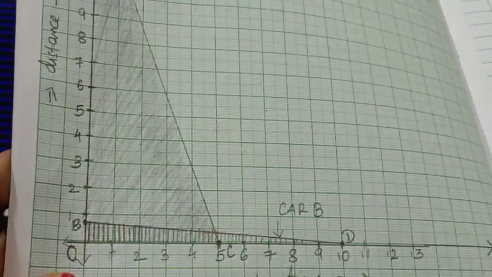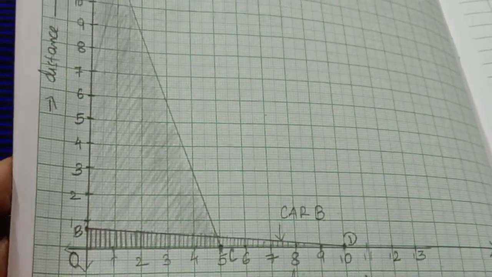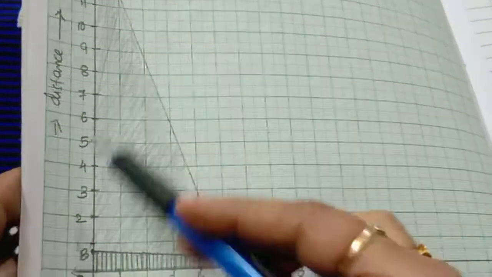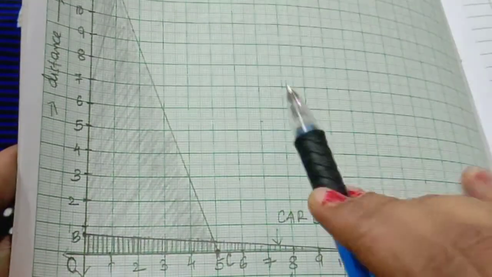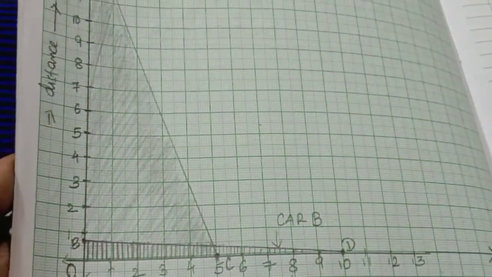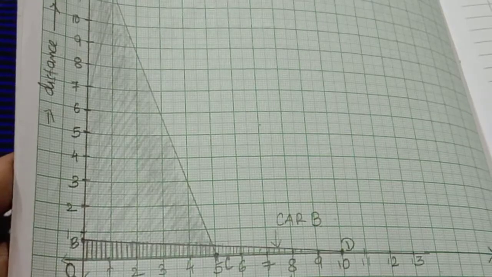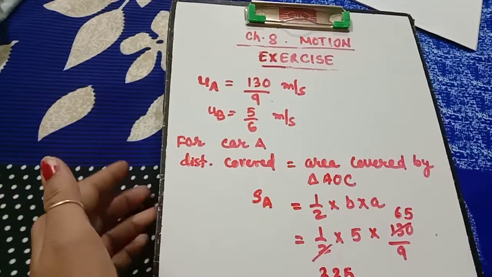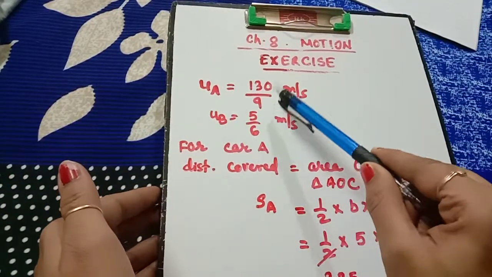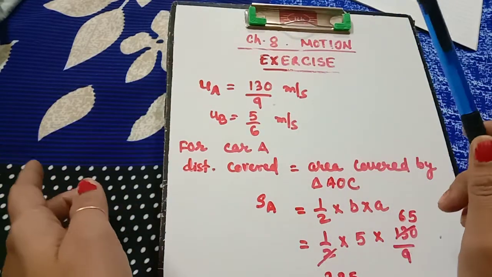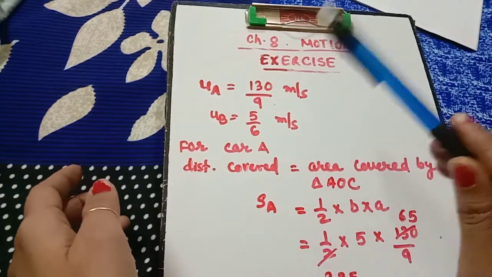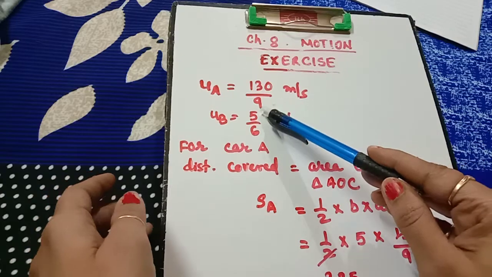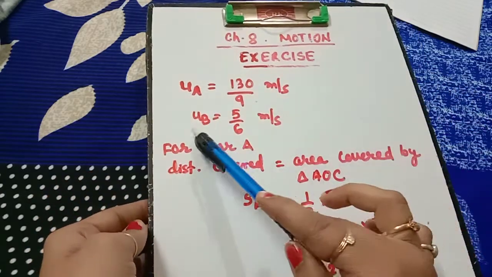Now we have to find out the distance. Distance will be taken by the area covered by the triangle. So we'll be getting two distances, and then we'll come to know which goes farther. For car A we have UA 130 by 9, in decimal it helped us to draw the graph. Calculation we will do with the fraction. UB is 5 by 6.